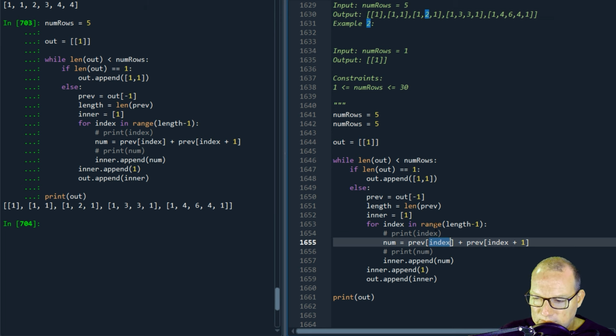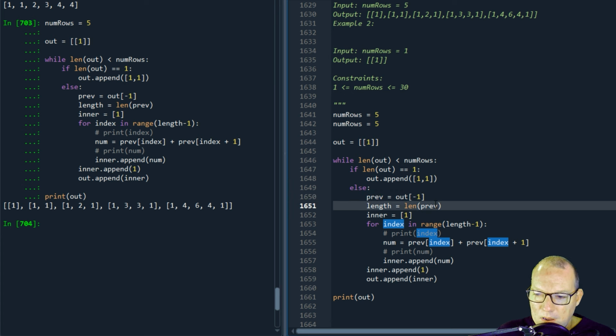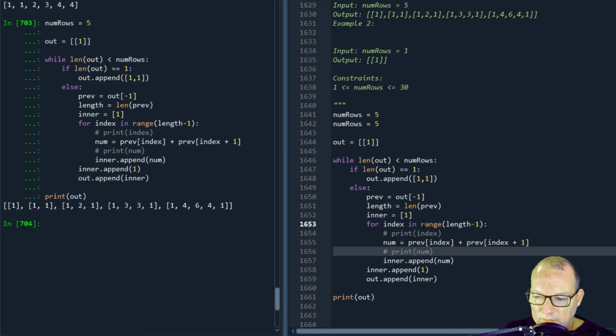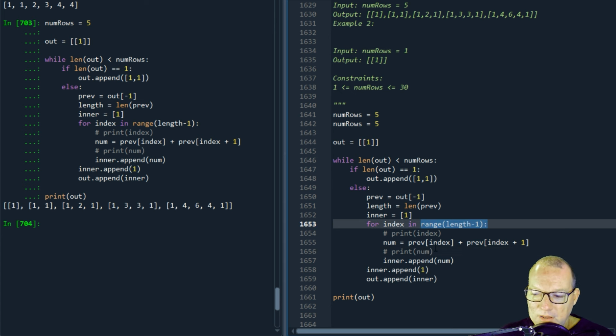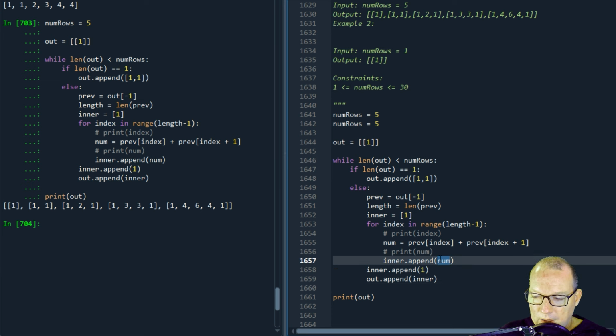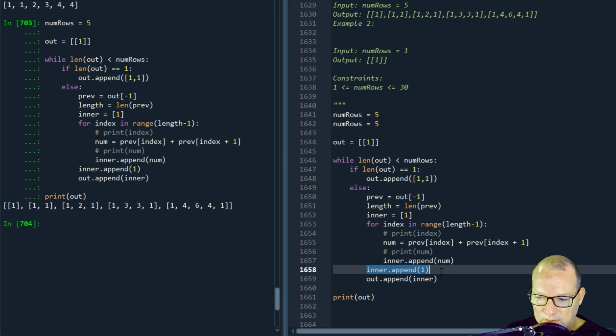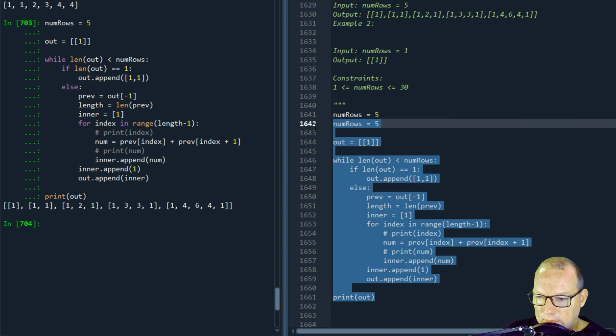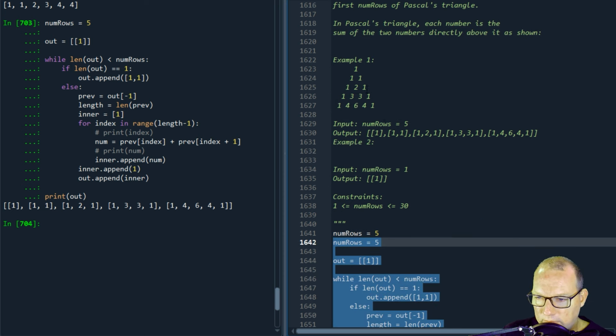I'm taking my previous list inside my list, finding out the length of it, getting the index, iterating through, and adding the next item to find my number, and then I'm appending. Once I do all that, I'm doing another bookend, adding my 1 to the end of it.